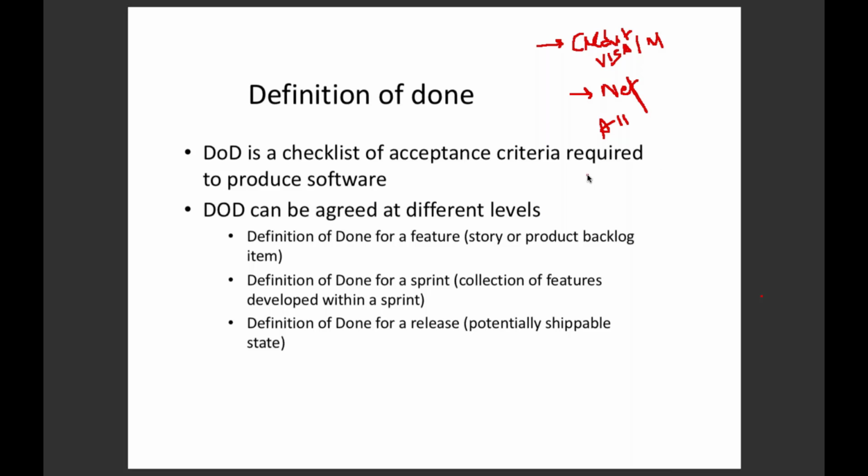Wonderful. Once the payment is done, should an email go to the customer saying that yes, your payment has been done? And should the information go to the delivery team to deliver the product? Because you are buying online, you ordered a mobile phone.